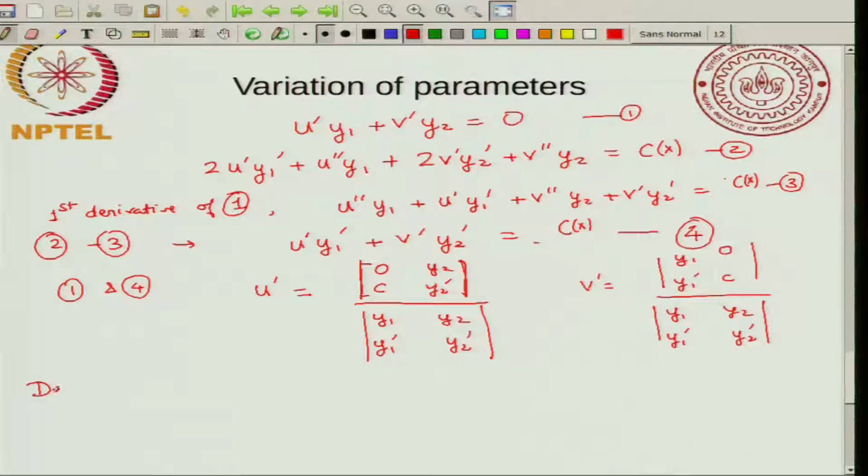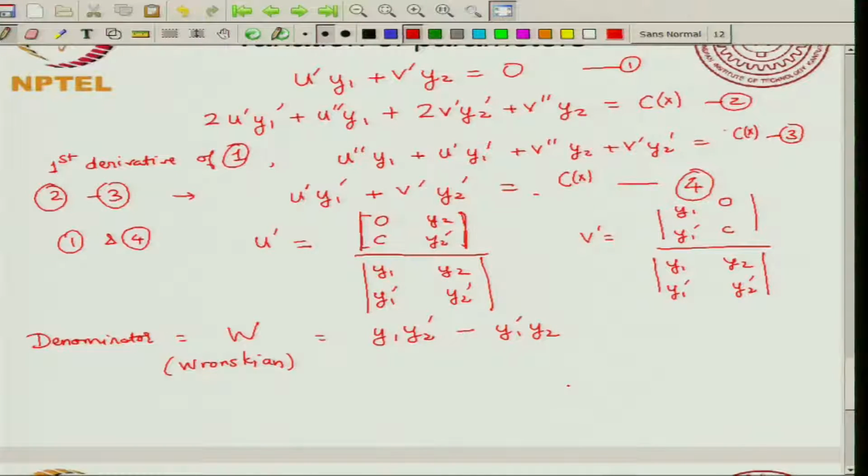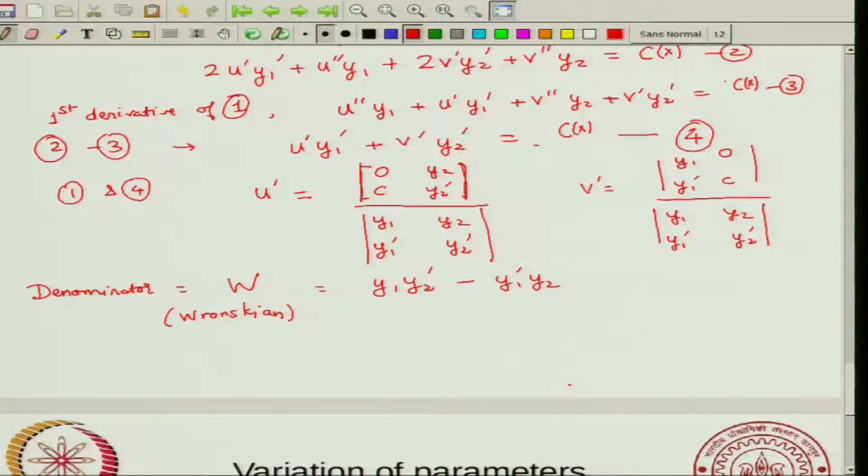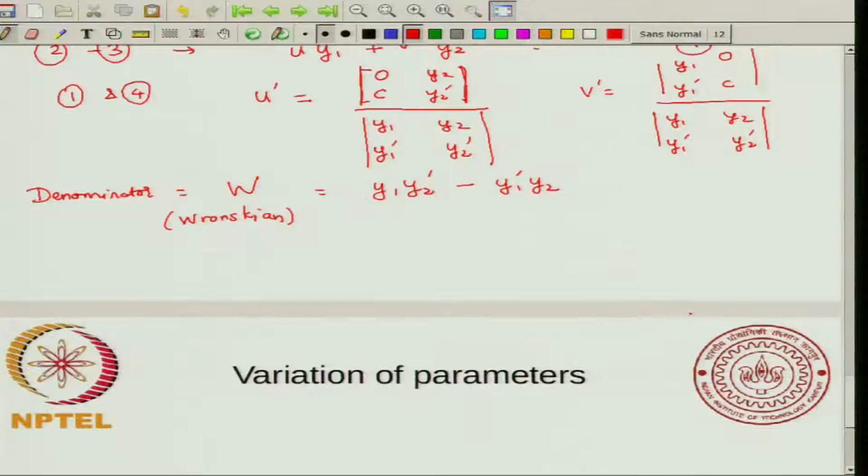The denominator is referred to as w, or the Wronskian. This is basically y1 y2 prime minus y1 prime y2. And so you can write your u and v in the following form.